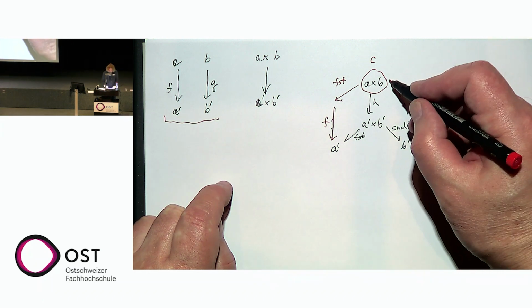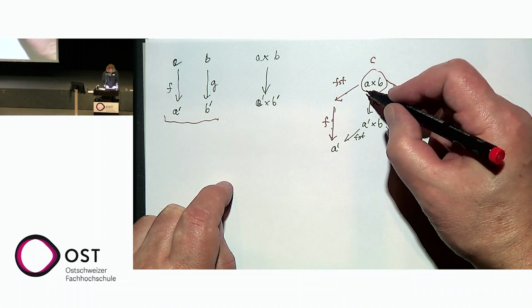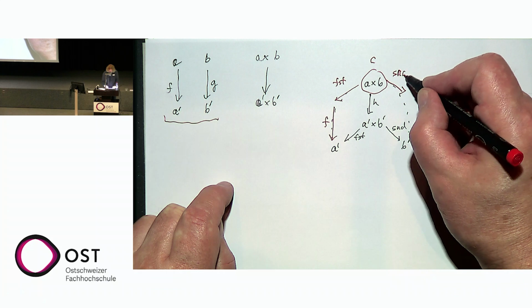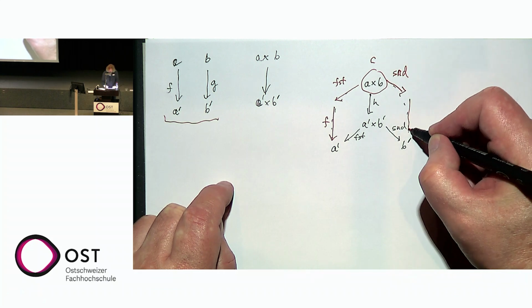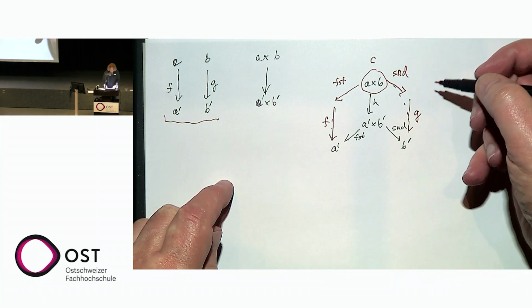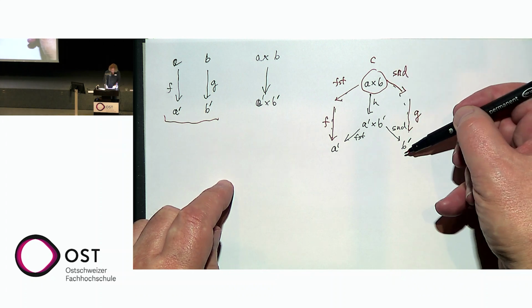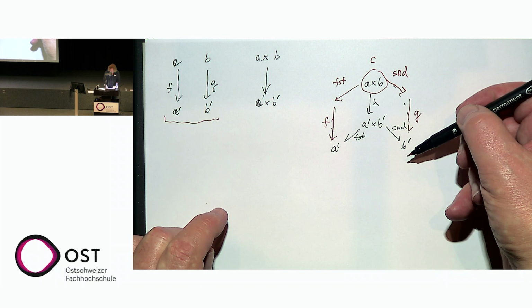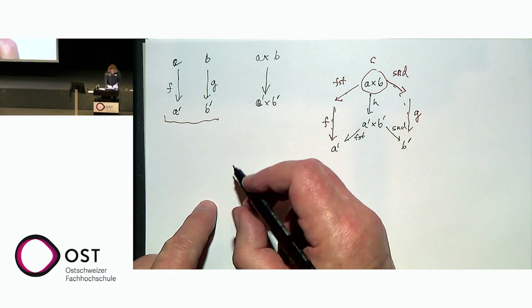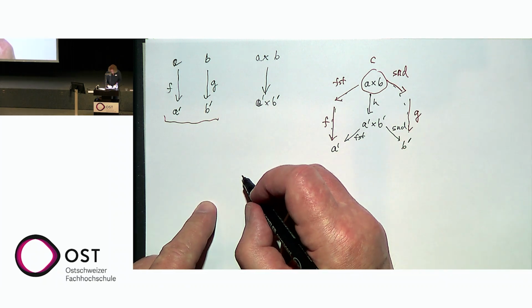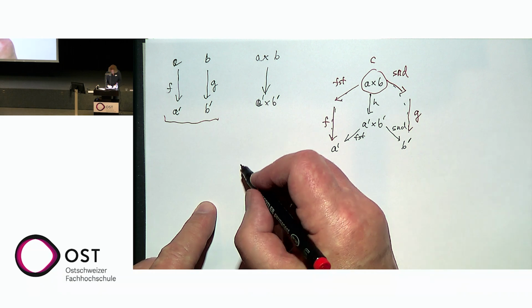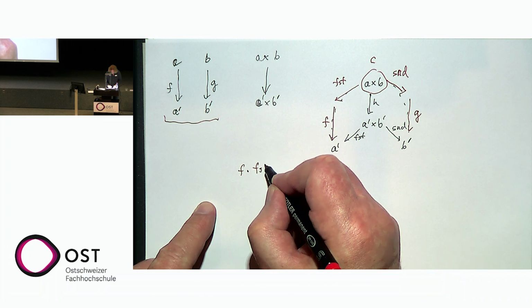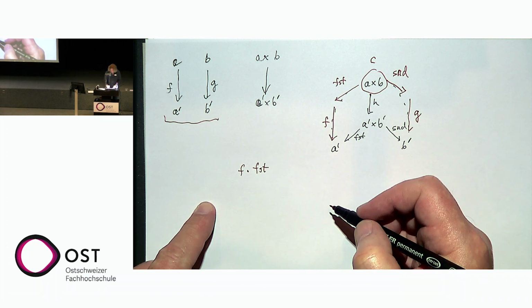Okay, how do I define this one? Well, this one I define by applying second, and then follow it with G. And this is a function from C to B prime. Okay? So I can write it as F after first, right?